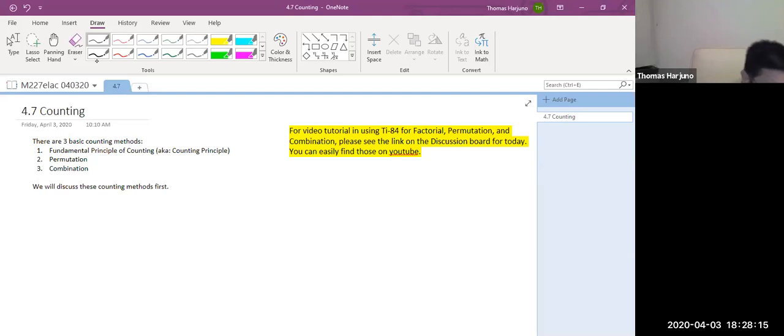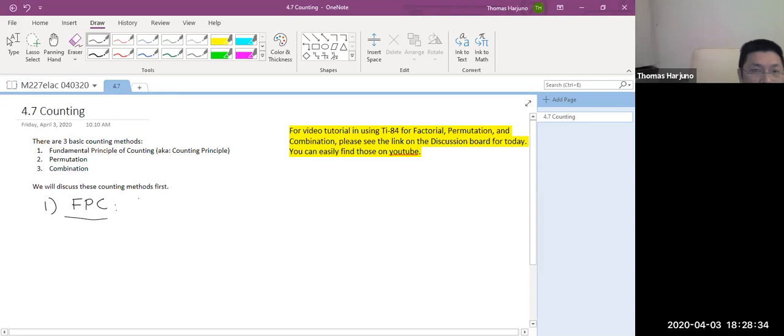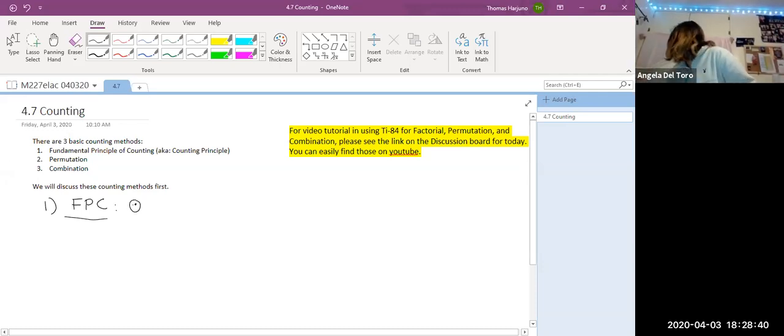So the way I will do it is, when I discuss the fundamental principle of counting, I will break it up into 4 steps. The first one, the situation.